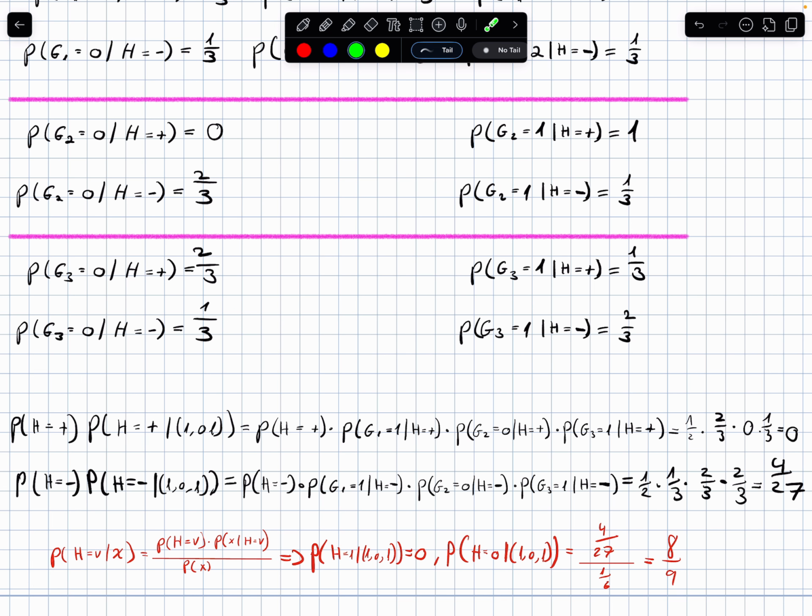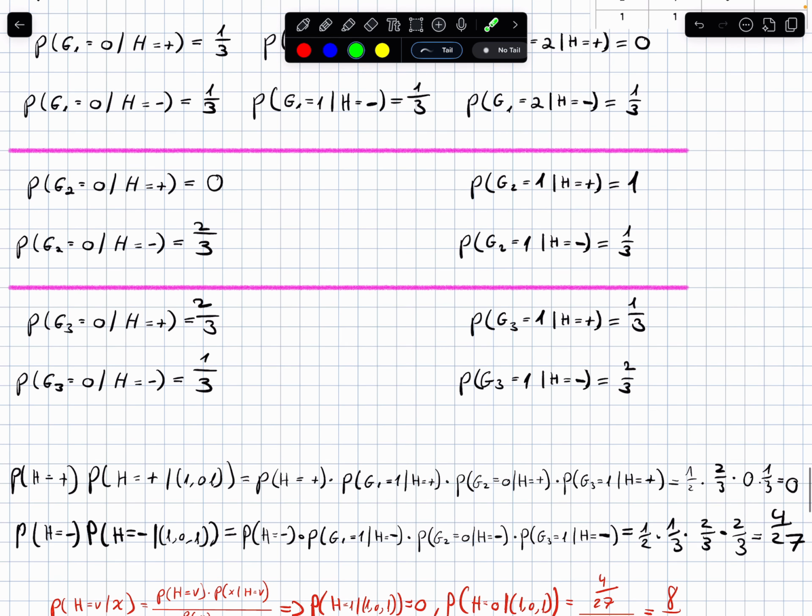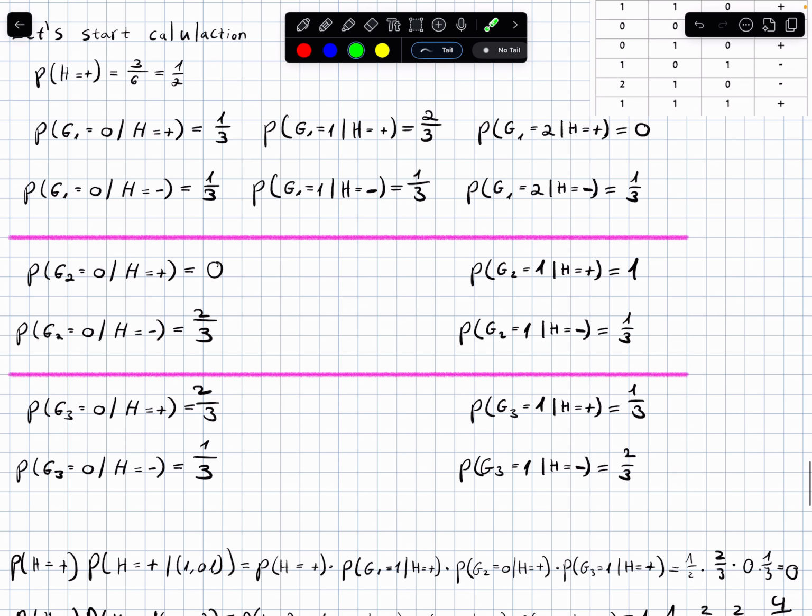Now we need to start writing each probability. So the probability, according to this formula, yeah? So we have P of h equal to plus times the probability that h equal plus given 1, 0, 1 equal the probability of h equal to plus, this one, times P of g1 equal to plus given h equal to plus, and here we can just look at the values we already got.